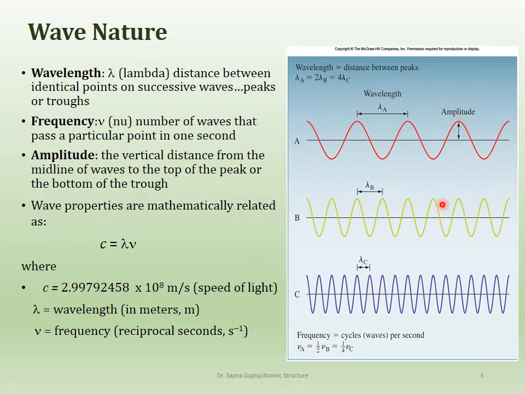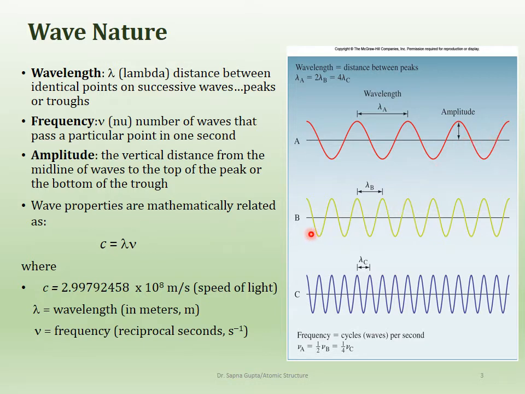And then the third thing that it has is frequency. Frequency is the number of wavelengths that pass in 1 second. It's given right here: frequency is the number of cycles, or waves, per second. For example, if you look at wave A, the wavelength is quite large, and therefore fewer wavelengths pass through in 1 second.